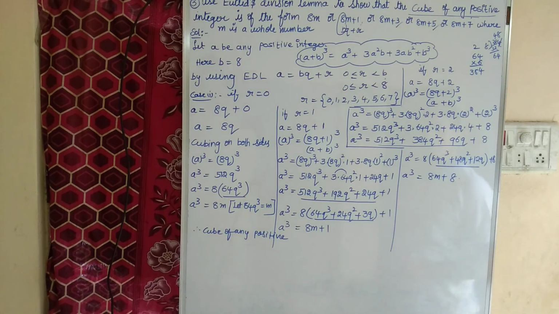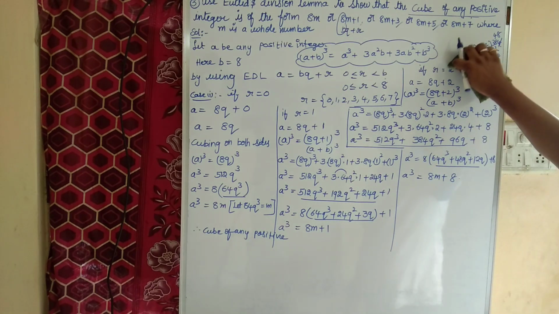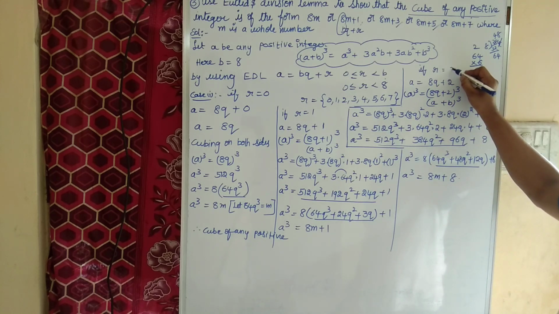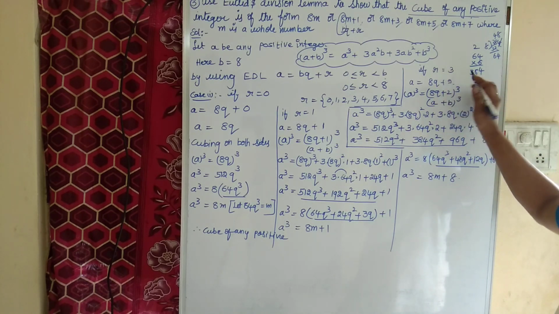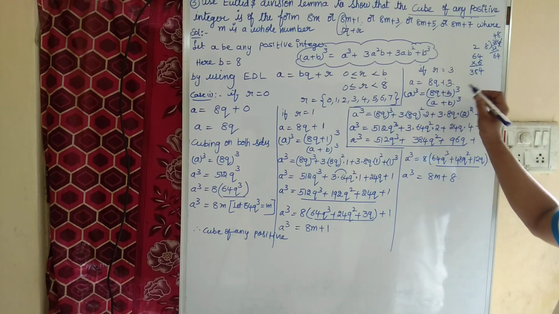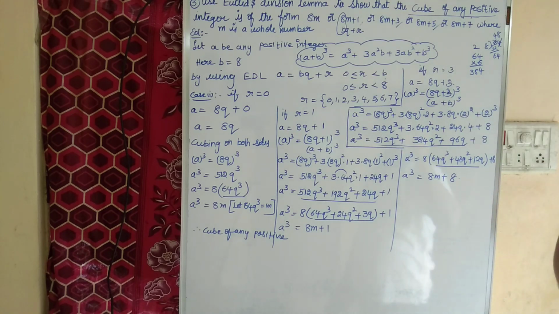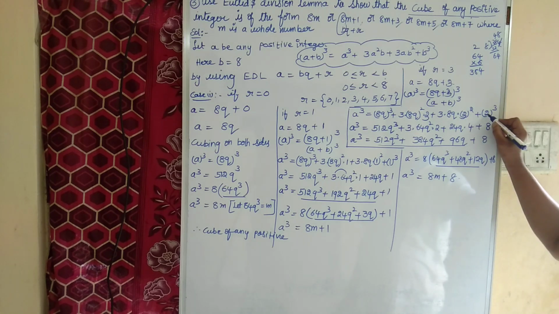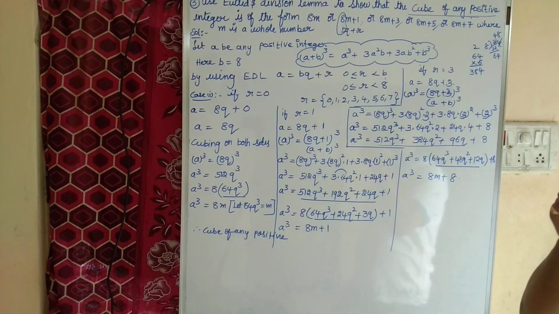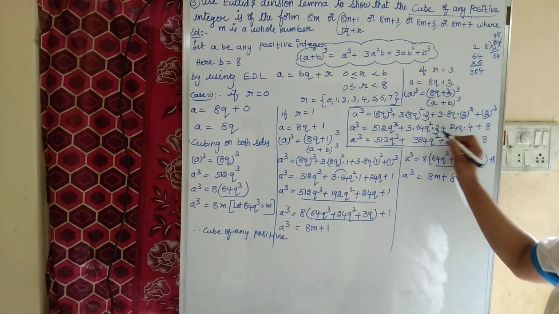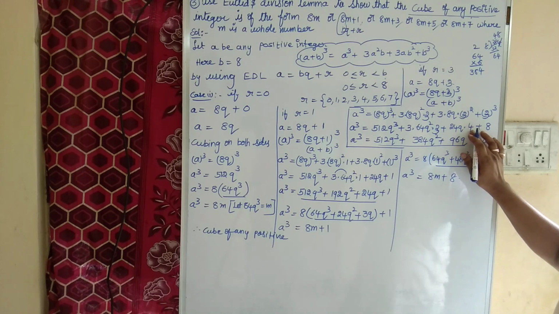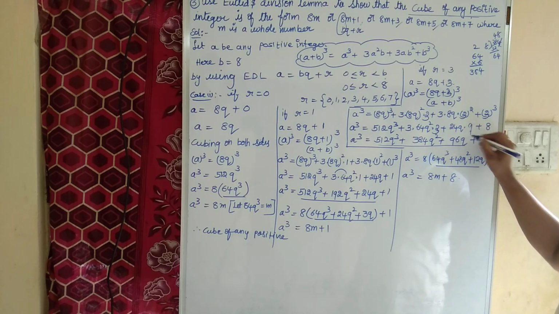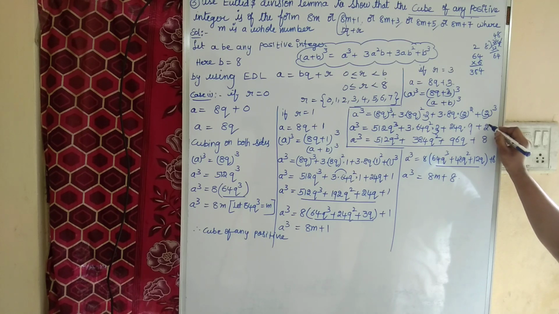Instead of 2, let us take r value 3. If we take r value 3, this will become 8m plus 3, right? 3 into, this is 3 square, this is 3 cube, right? And this is into 3, this is 3 square is nothing but 9, 3 cube is nothing but 27.